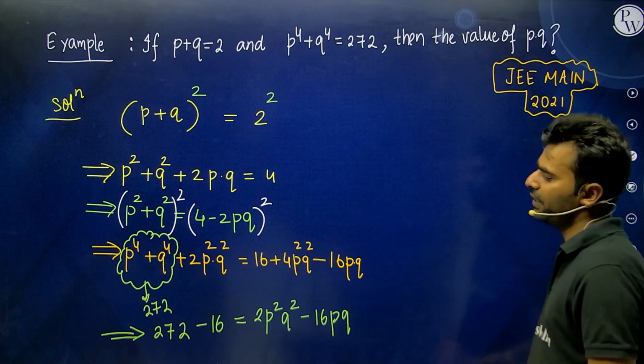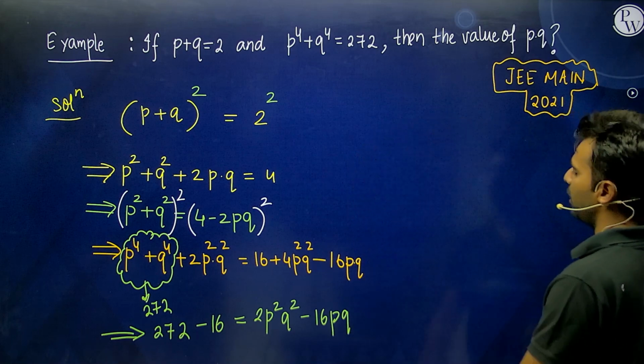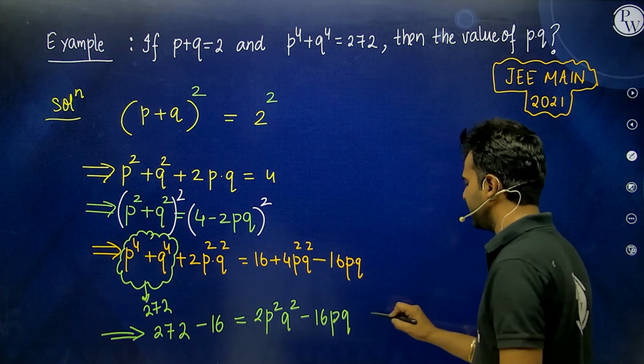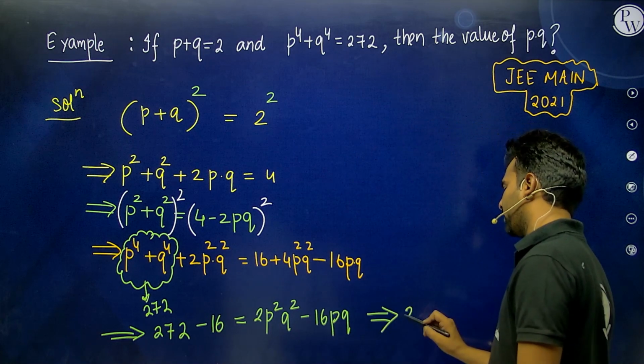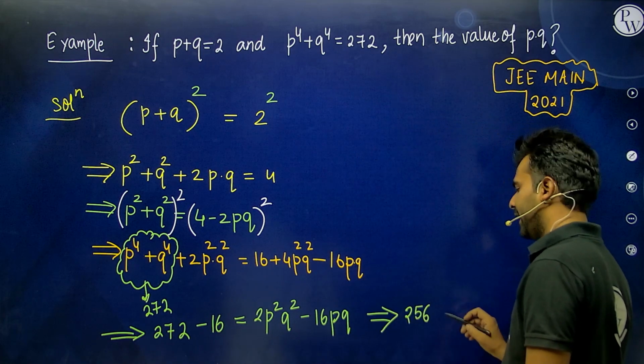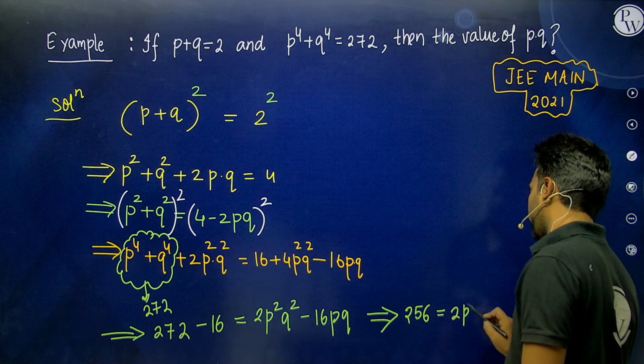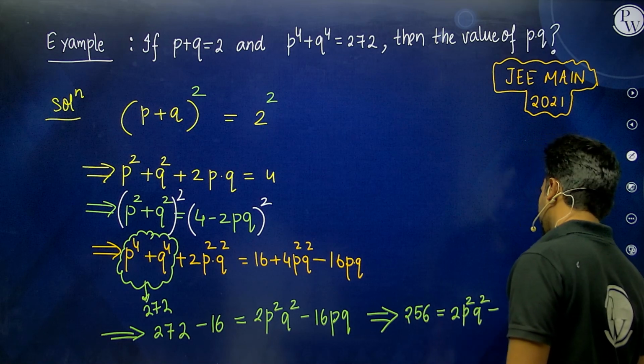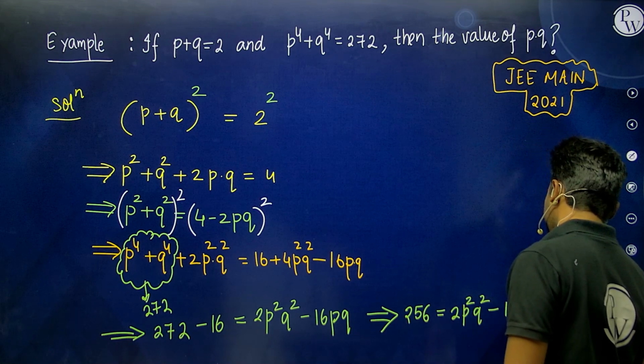Can you solve this equation now? 272 minus 16 will become 256, which is equal to 2p square q square minus 16p times q.